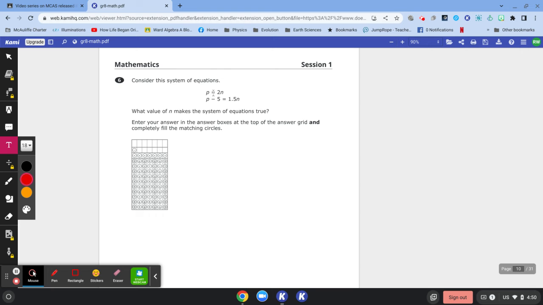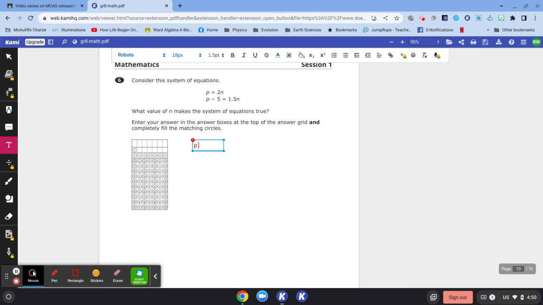Well, the very convenient thing is that p equals 2n. And so since we know p equals 2n, we can go to the other equation, which is p minus 5 equals 1.5n. I know I have a typo there. I will fix that.